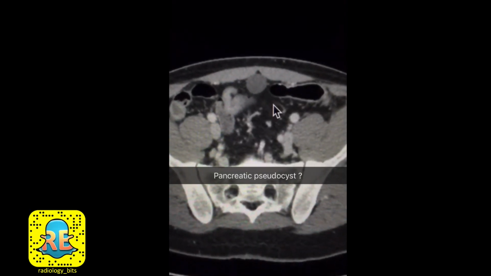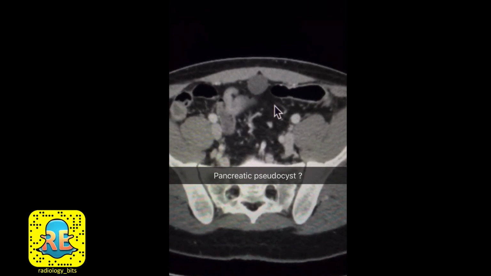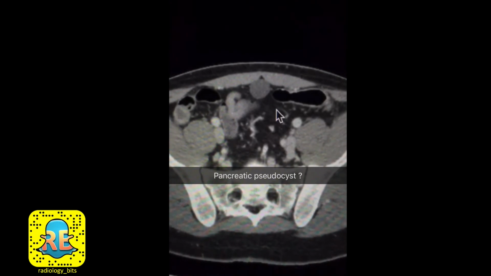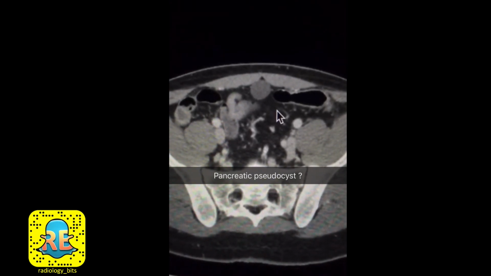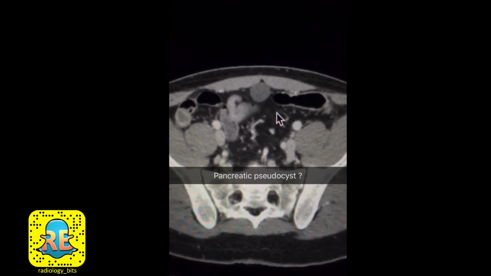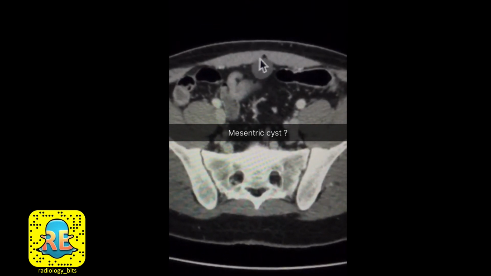In patients with a prior history of pancreatitis, you may have cysts within the mesentery, cysts that we call pancreatic pseudocysts. However, in this case, the patient has a normal appearing pancreas and had no history of pancreatitis before. Another potential consideration would be that of a mesenteric cyst.